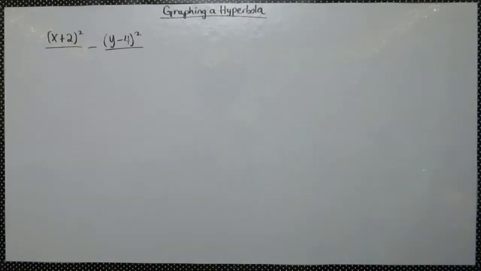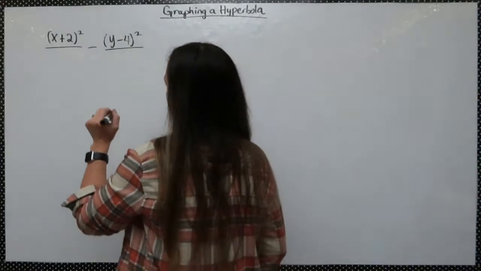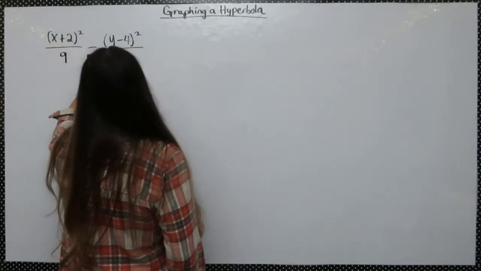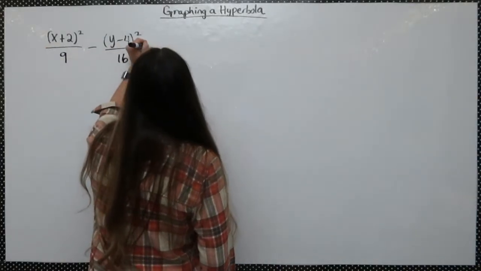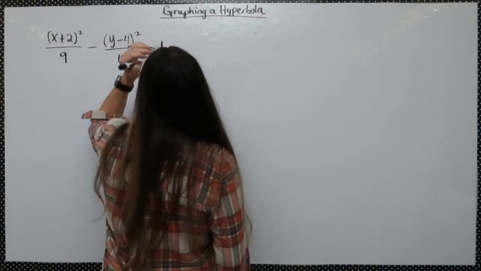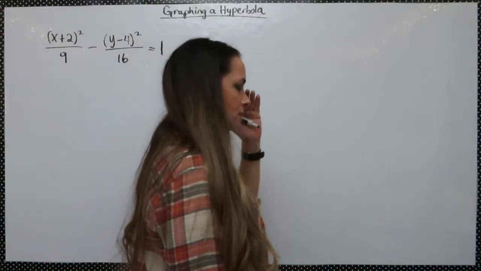Okay, (x + 2)² over 9 minus (y − 4)² over 16 equals 1. So this is called standard form.